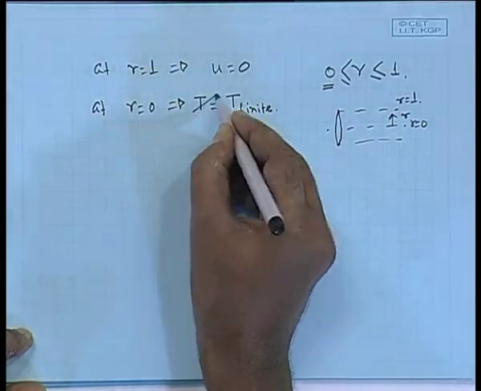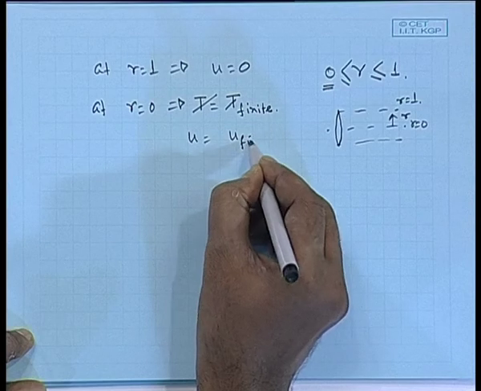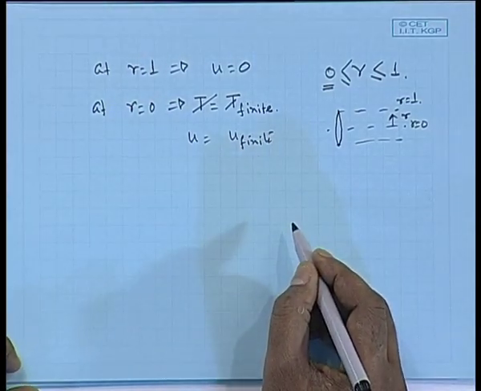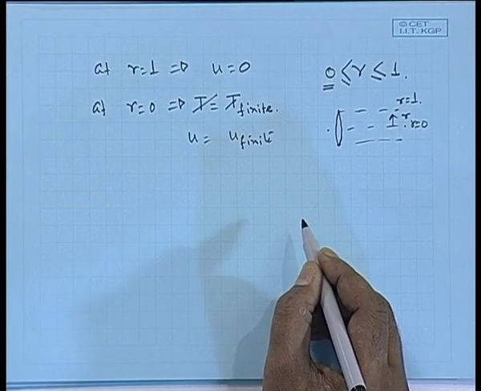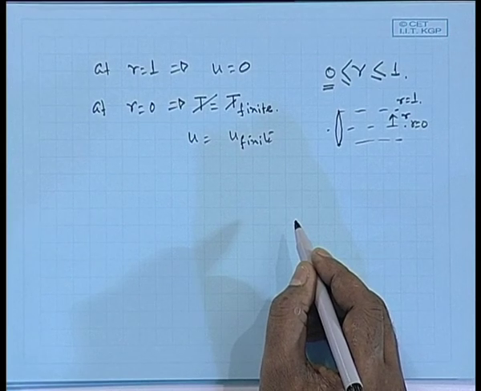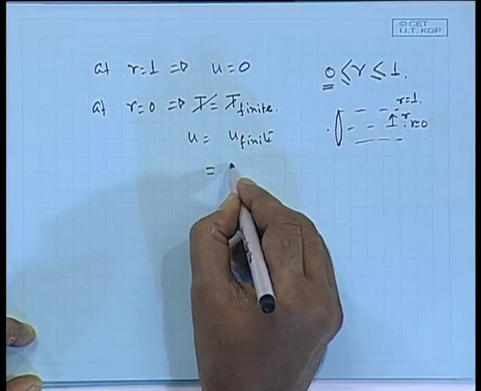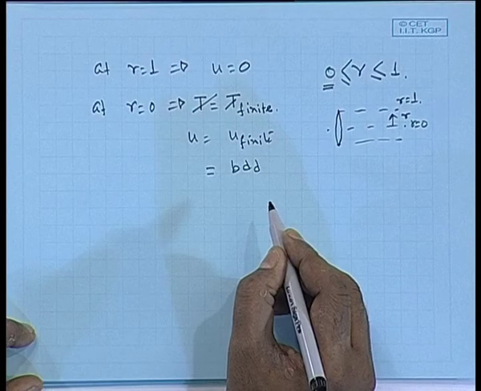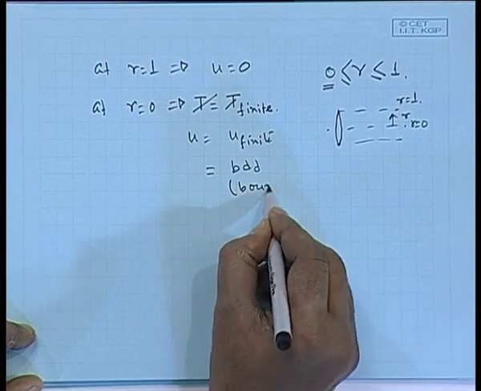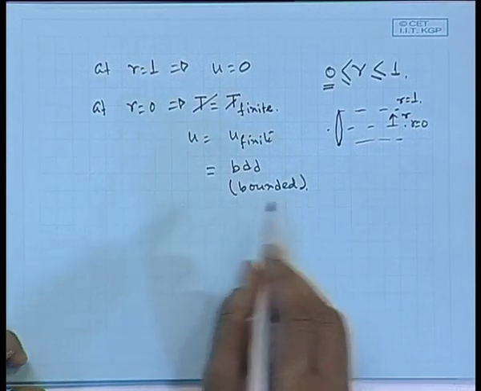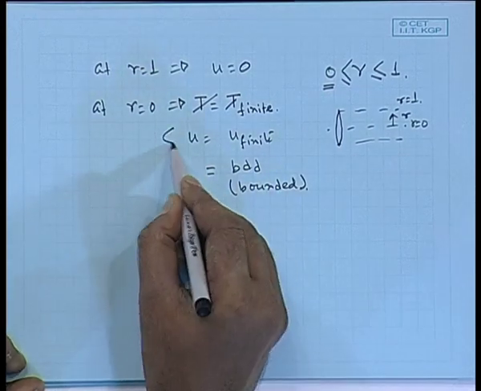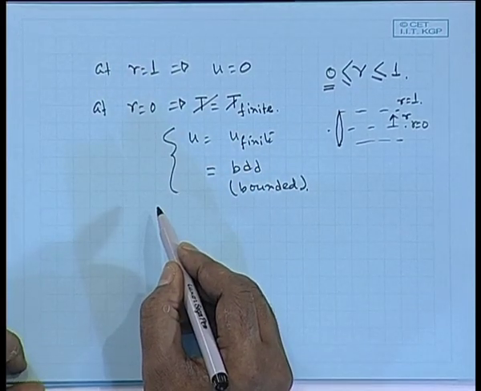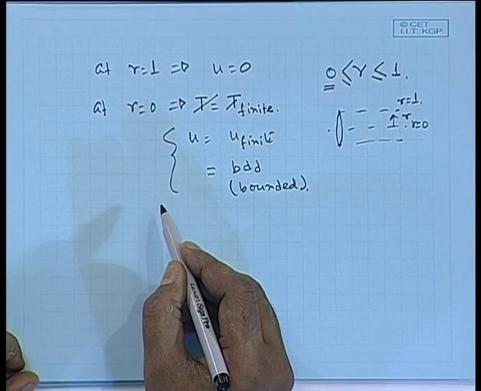So, u is equal to some finite value of temperature at that point, but we really do not know the value of the temperature there. For the solution of any given equation, the boundary conditions must be known, otherwise you cannot solve the problem. So, we call it a bounded solution. The value of u is bounded there, that means it is finite, and we really do not know the value of the temperature at that location r equal to 0. This is a typical example of physical boundary conditions that we discussed in the very first class.